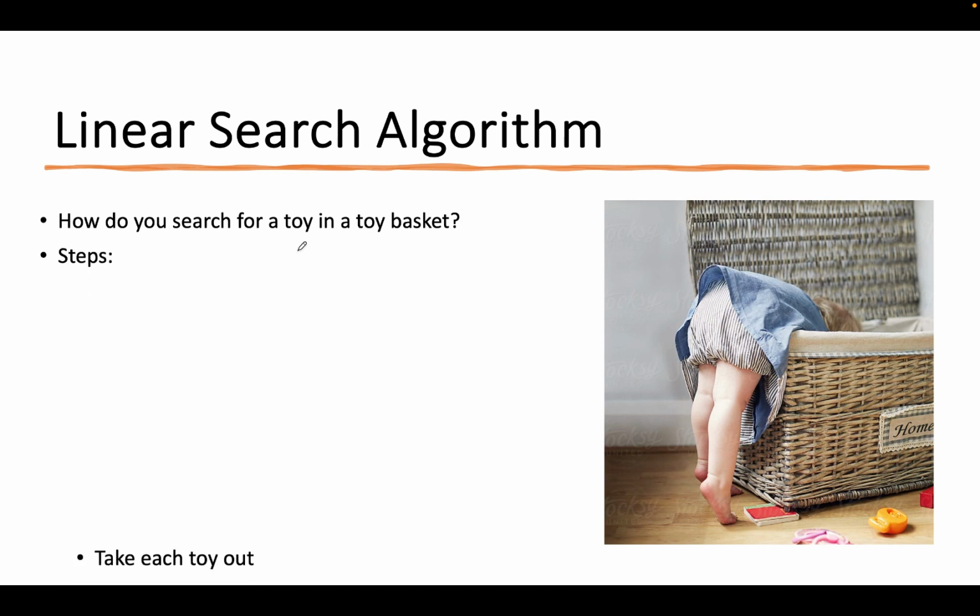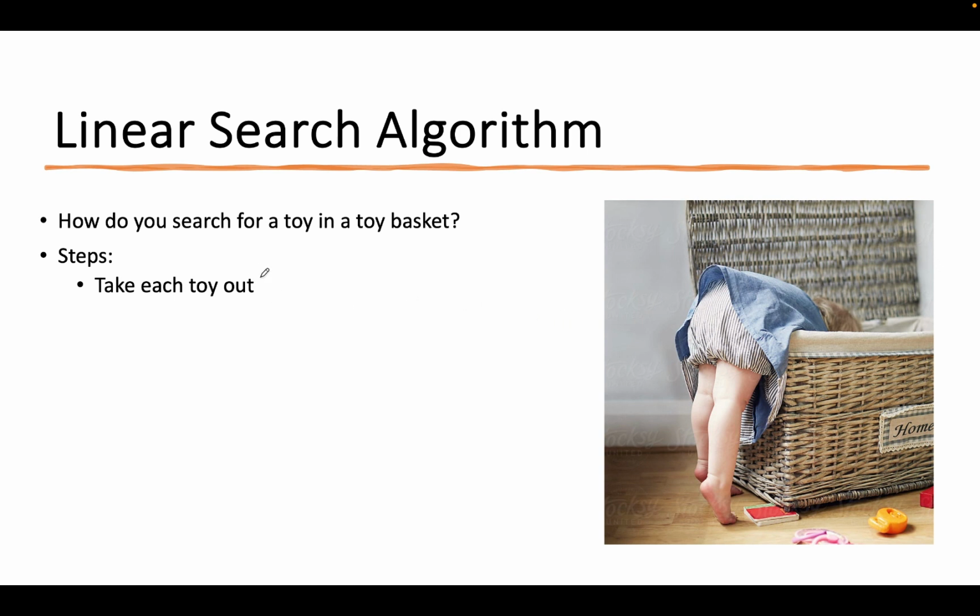All right. So the first step is you take each toy out. Let's imagine that you have layers of toys, so you don't know which one is under, or maybe the toy basket's opening is not big. You can only fit your hand in it. You can't see what is inside, right?